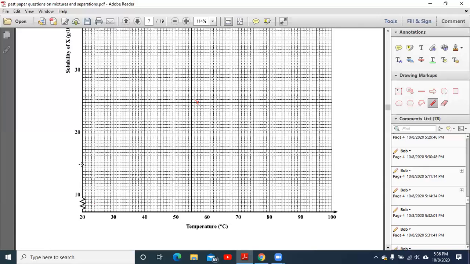And we're looking for 16.7, right? 15 here will be 16, and we'll approximate it at 16.5, which will be right there.